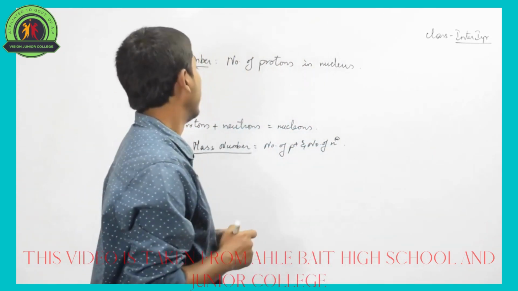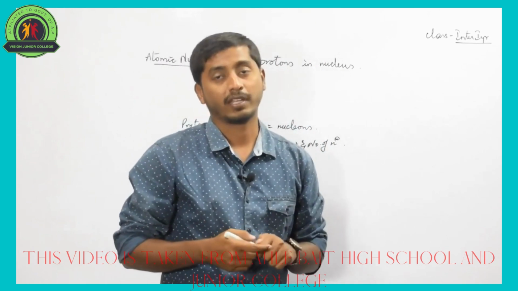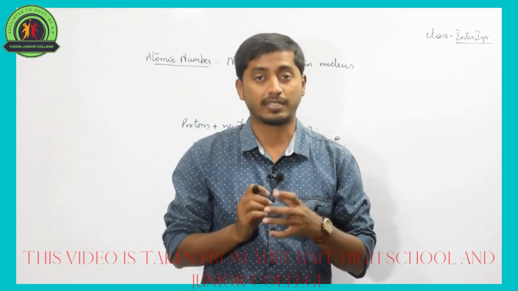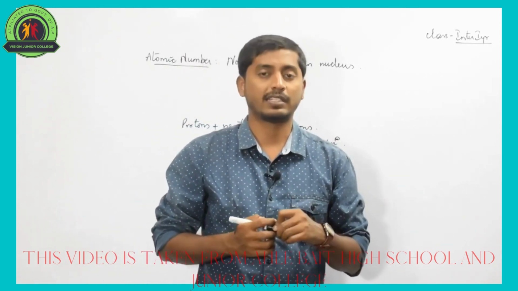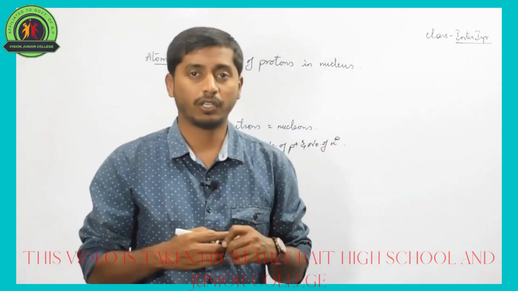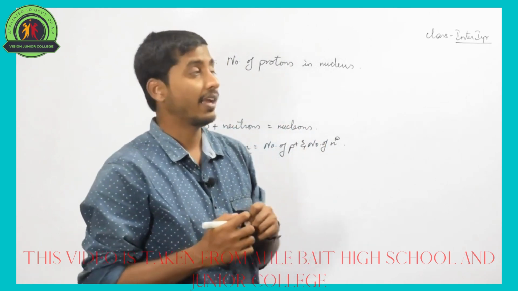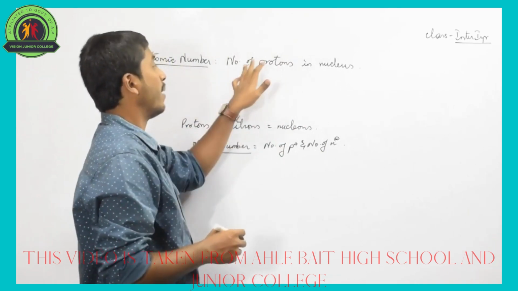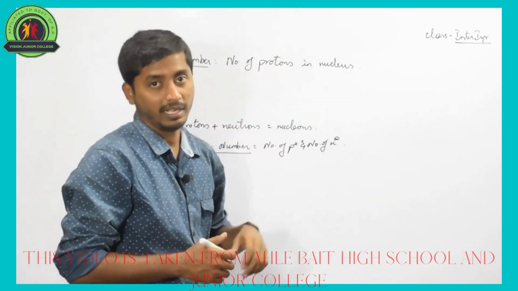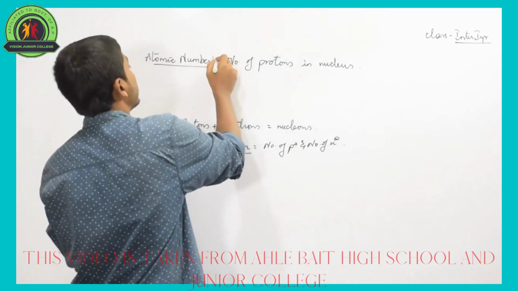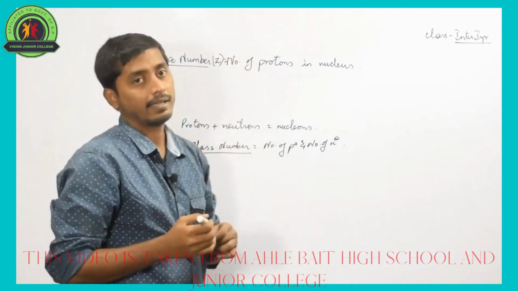For example, hydrogen consists of one proton, that is, there is only one proton in the nucleus, so we can give it the number 1. If it is sodium, sodium consists of 11 protons in a nucleus, right, and we can tell it as the atomic number. Simply, an atomic number can be defined as the number of protons in a nucleus, right. It is usually denoted by the symbol Z, right.